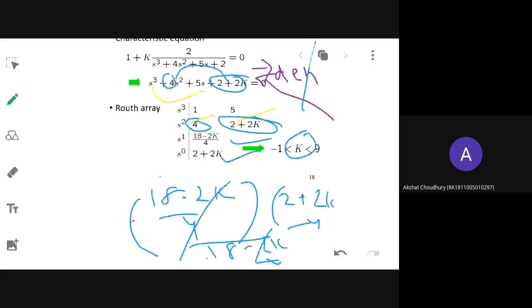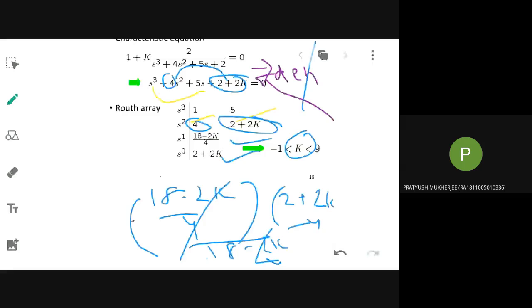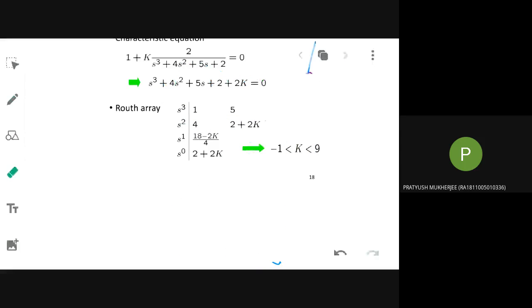So when will the system become unstable? When there are sign changes. Sign changes where? In the first column or second column? This is your first column.